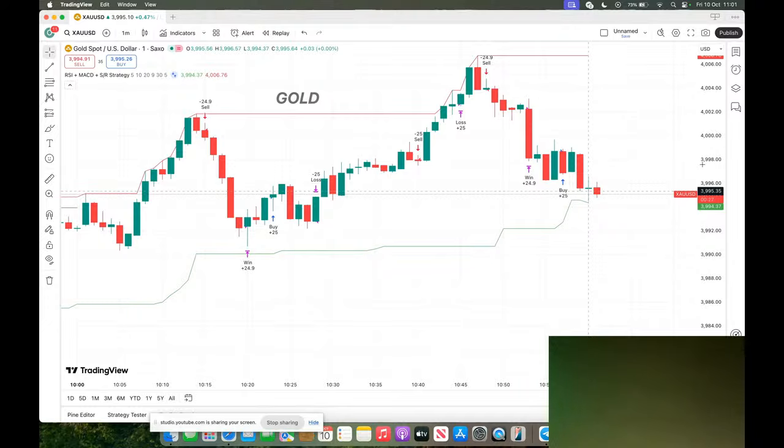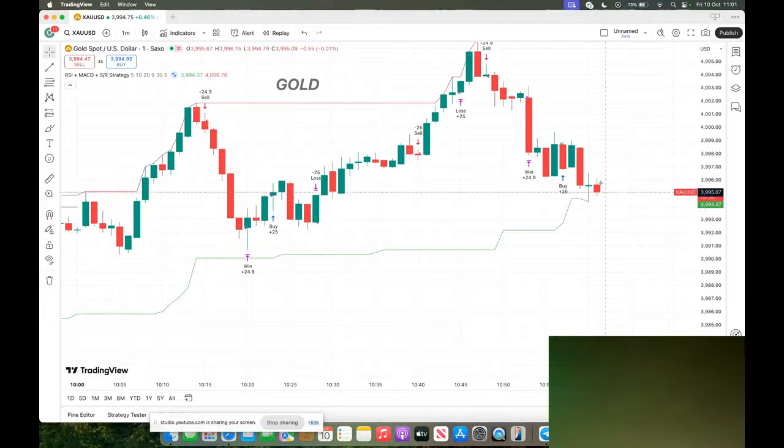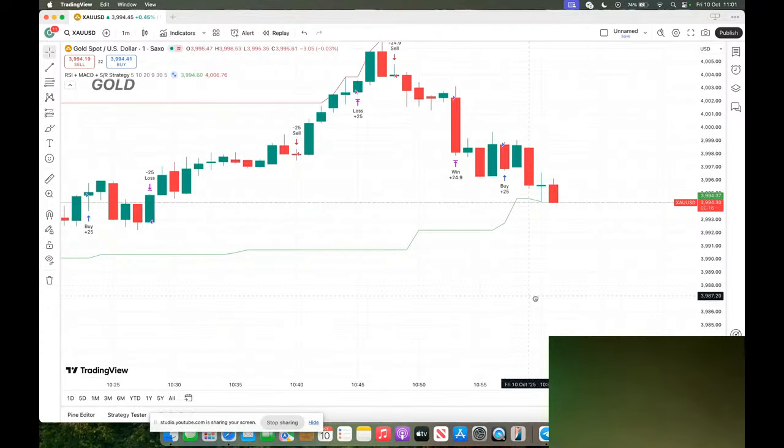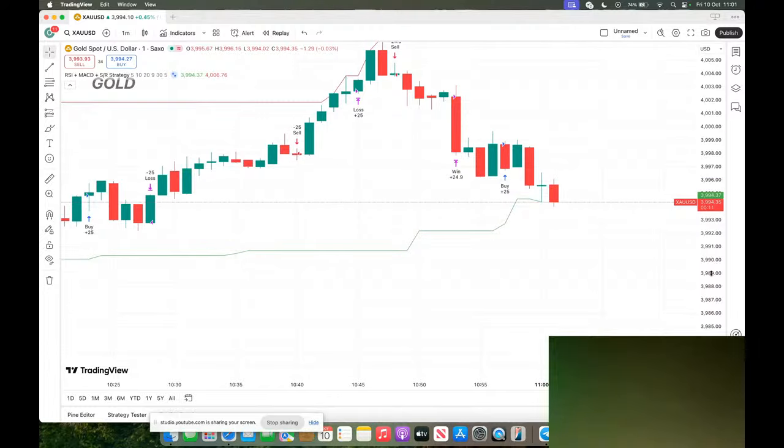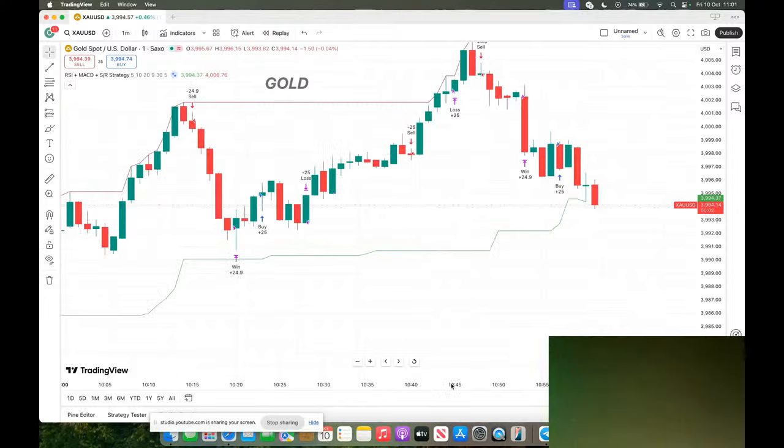All right, if this 1 minute candlestick pushes upwards, we're going to win this trade and it should reverse up. If it pushes upward right now, oh, it's not doing that. We can still win this trade if it closes. Oh, this is still bearish. All right, great. Back in profit.